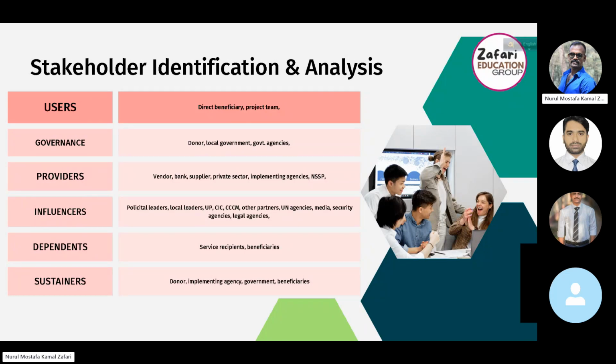And then sustainers: at the end, the project is sustained by some people, like the donor, the implementing agency, the government, or the beneficiary. So these are the stakeholders who should be identified in the project identification and definition phase.